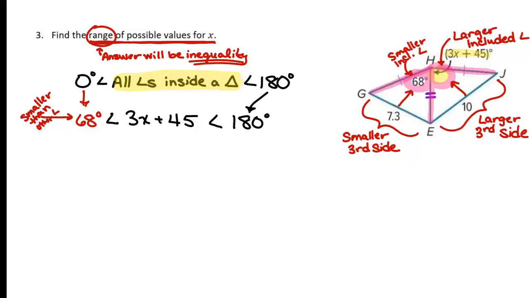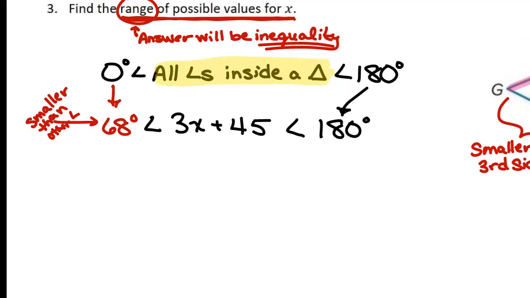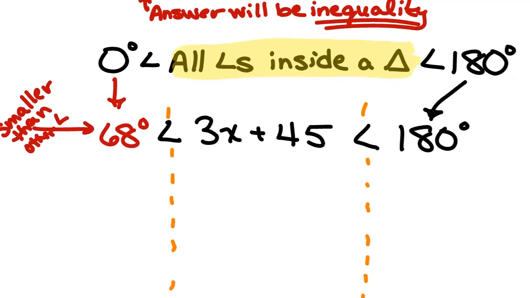Have you guys solved double-sided inequalities like this before? Maybe you've seen this in Algebra 1. So what we're going to do is we're going to draw little fences here where my inequalities are. Does that look familiar? All right. We're going to work from the middle out to both sides.